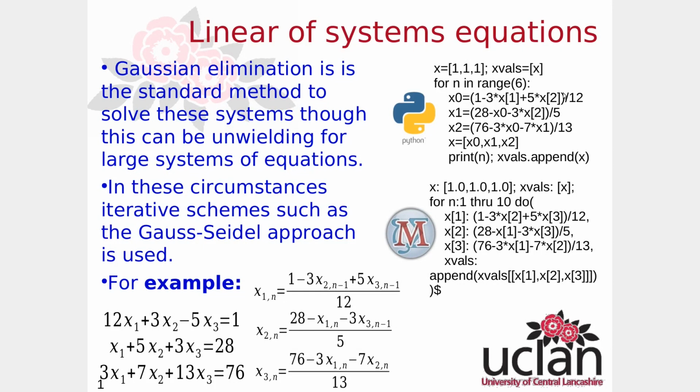Thereafter, it's literally just a matter of computing these equations verbatim, so writing them out as in a Python script. So it's 1 minus 3x1, 5 minus, so we'll use these, and then cleverly we've used x0 in the next computation, and then we've used x0 and x1 in the final computation to get the new values of x0, x1, x1, and then we'll print it.